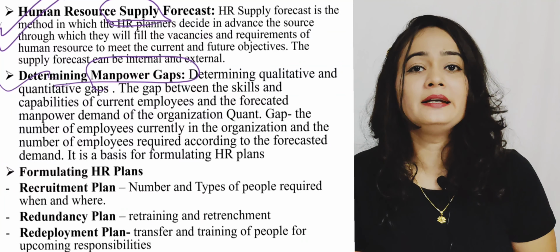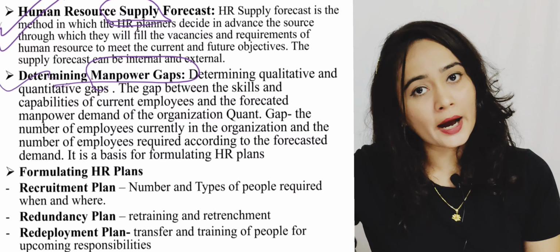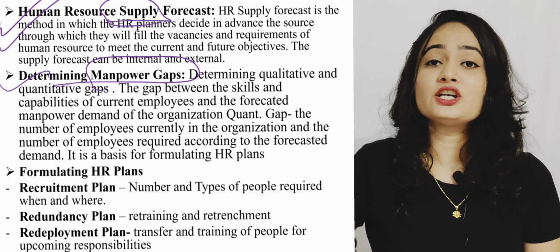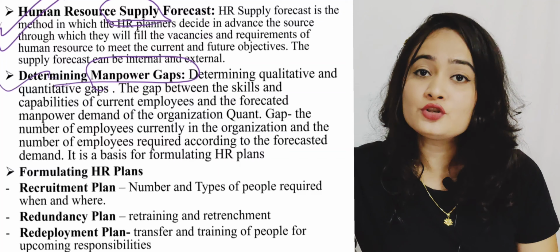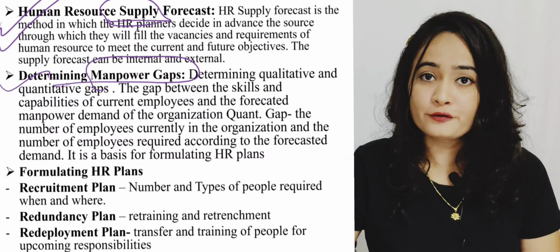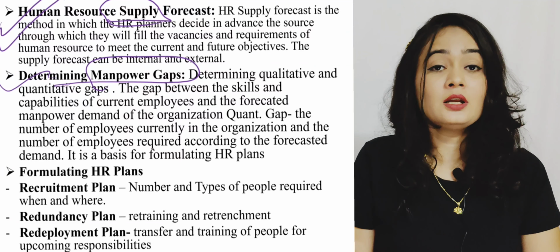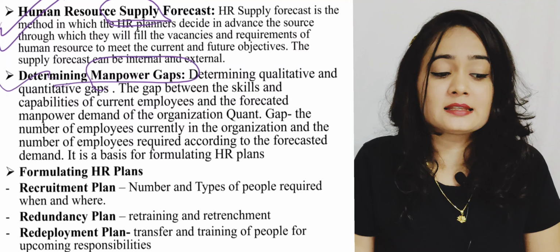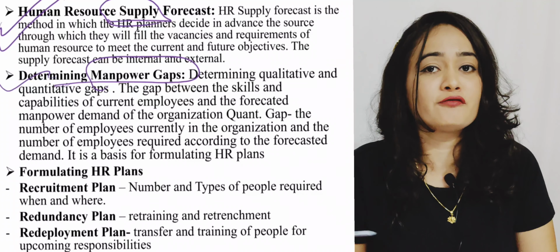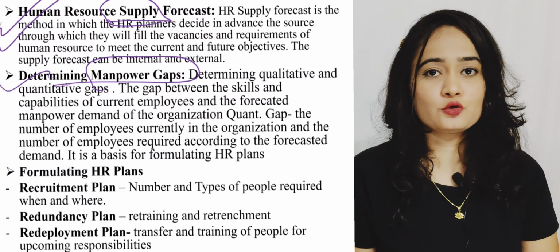So what kind and number of people will be required to fulfill the future objective, the desired position, the future goal of your organization, and what number and kind of people do you have right now. So this gap has to be bridged.